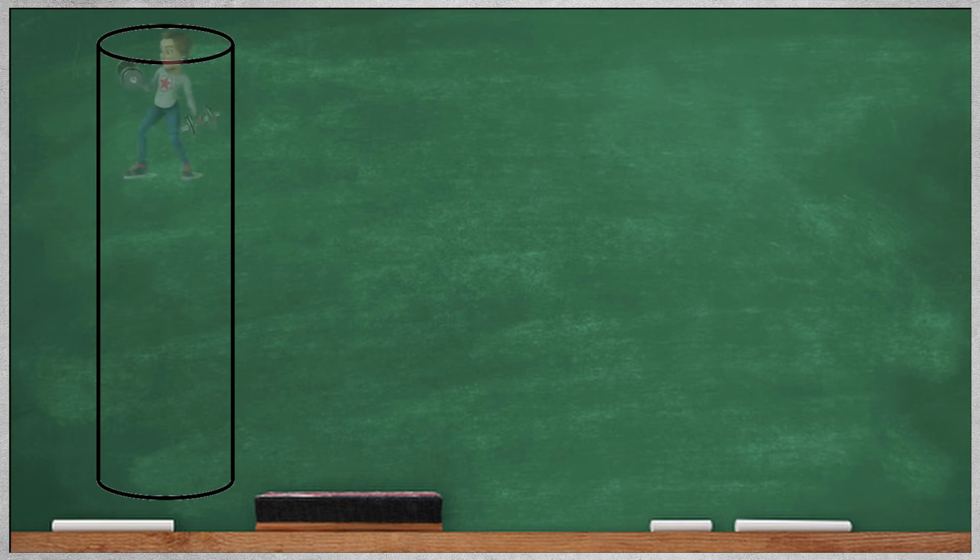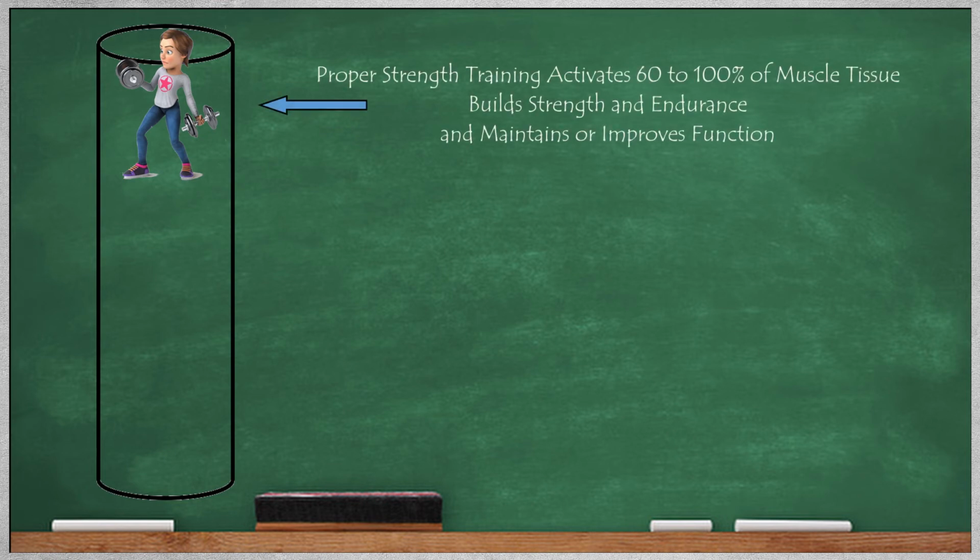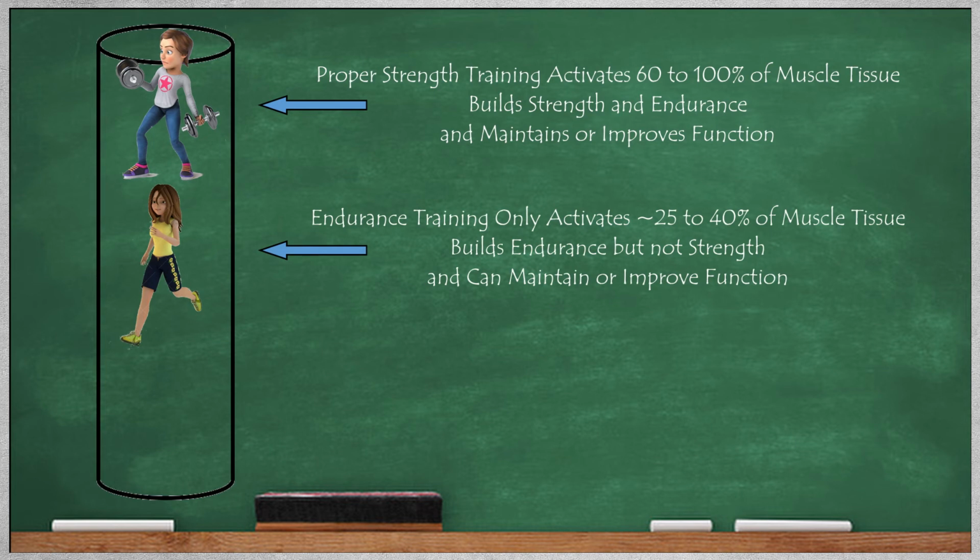Simply stated, what this means is that if you aren't strength training, you aren't or are rarely activating strength muscle fibers, and less than 60% of your muscle tissue is being used. As you move down the intensity totem pole, if you aren't endurance training, less than 40% of muscle tissue is being used.